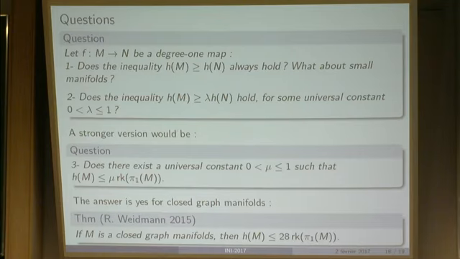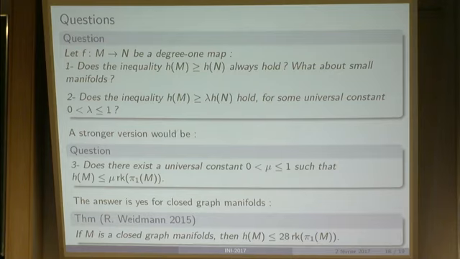A stronger version would be the same with the rank. We know that the Heegaard genus is bigger or equal to the rank, but we don't know if the rank can be much smaller, but not the ratio.